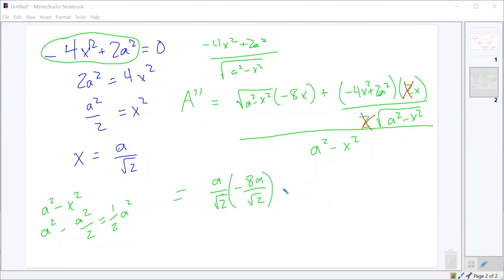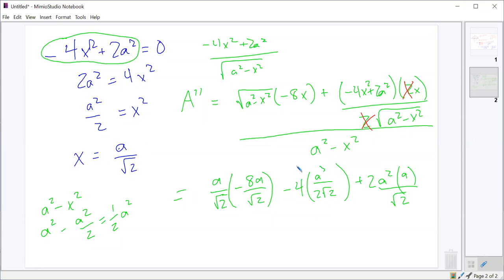If I distribute that x through, that's going to give us a minus 4 times x cubed. And x cubed is a cubed over 2 root 2. And then plus 2a squared x, which is plus 2 times a squared, and x is a over root 2.